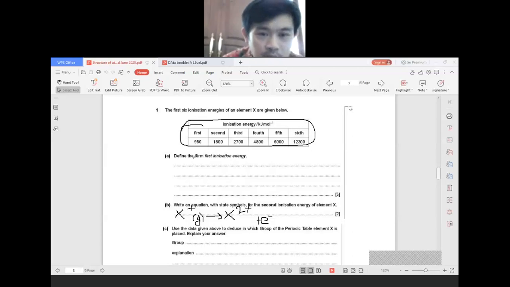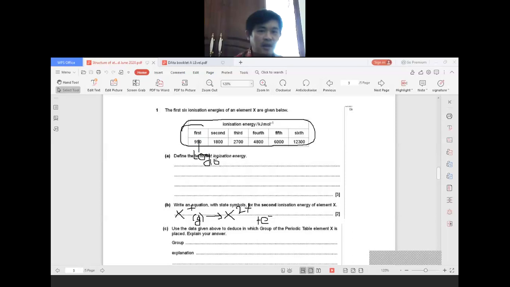Okay, so this one we have to find the log of each one, the logarithm base 10.